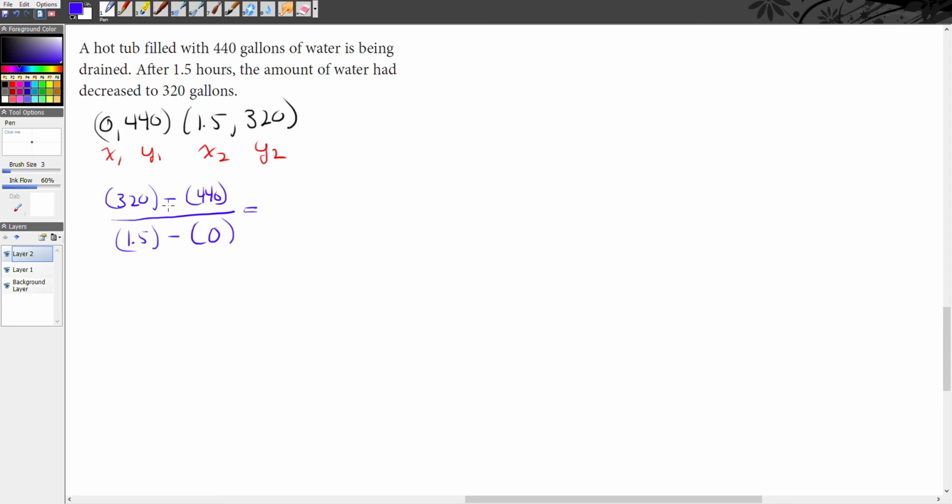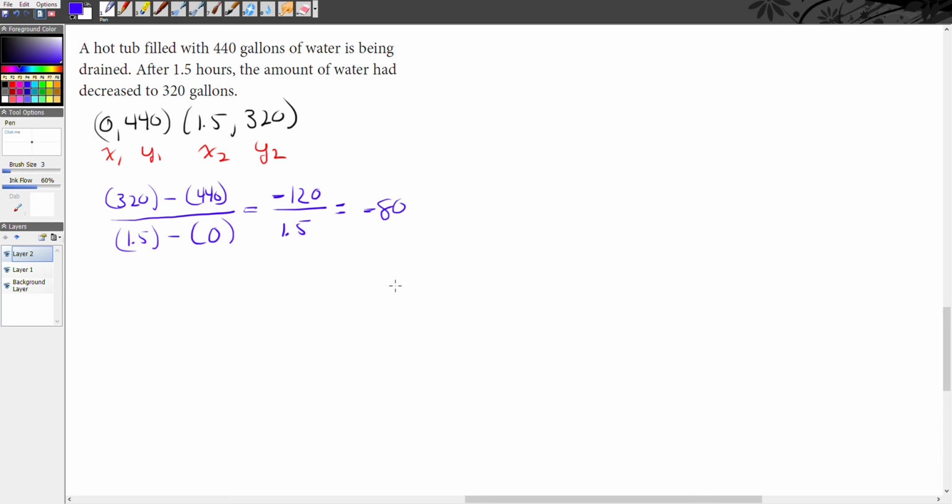I subtract 320 minus 440 is negative 120, and 1.5 minus 0 is 1.5. And then we could divide. So we have negative 120 divided by 1.5 is negative 80. And so that is our slope.